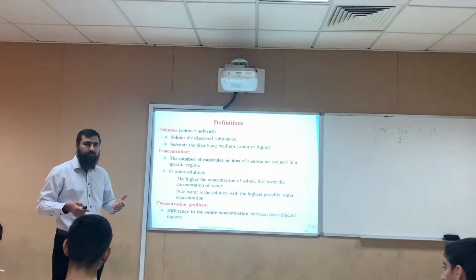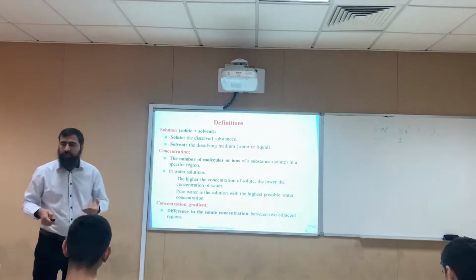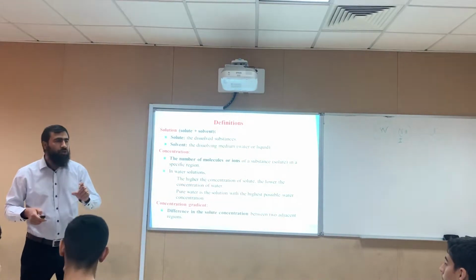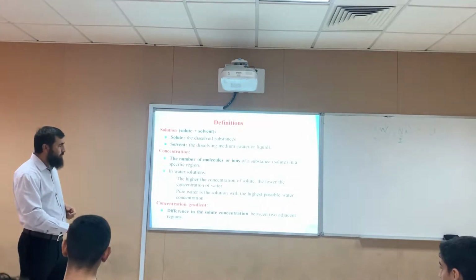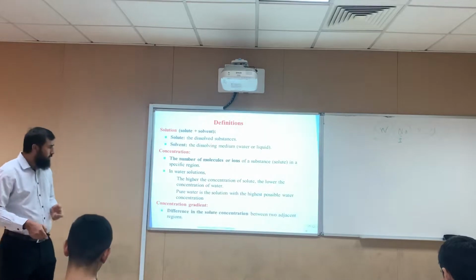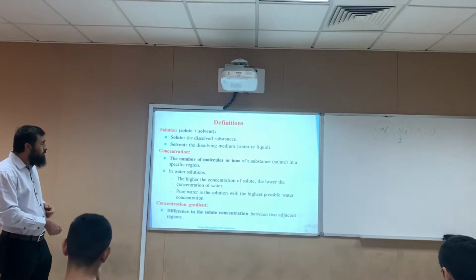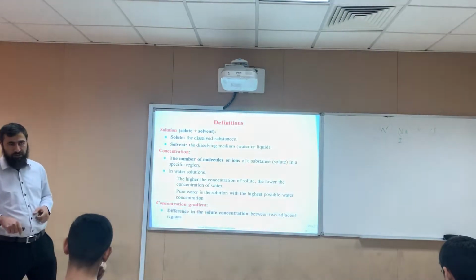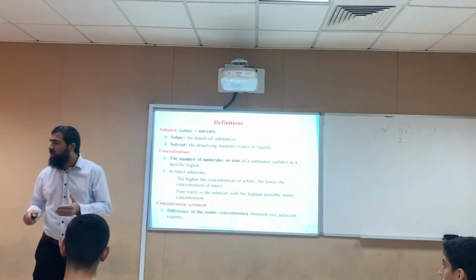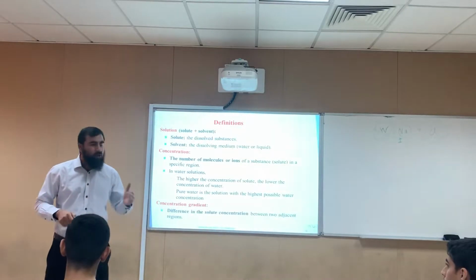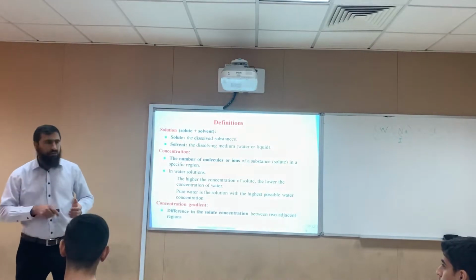So we establish concentration gradients between two adjacent regions, next to each other. This is very important for passive transport. What I mean by that is transport that happens due to concentration gradient and doesn't require energy.